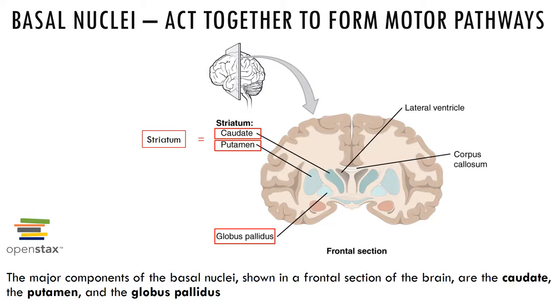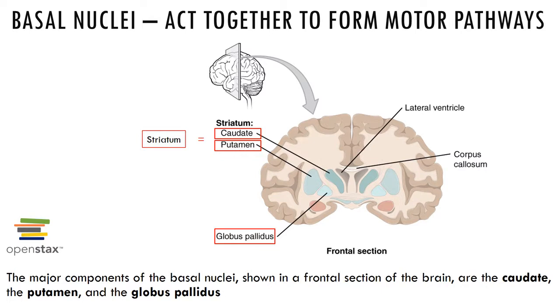Disorders of the basal nuclei result in too much or too little movement, which can be seen in the diseases Huntington's, where too much is produced, or Parkinson's, where too little is produced.